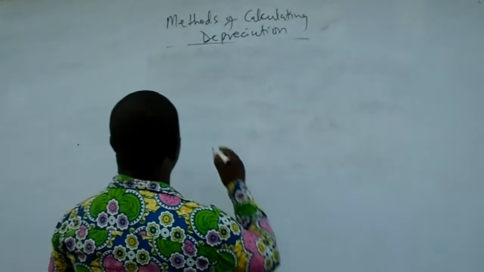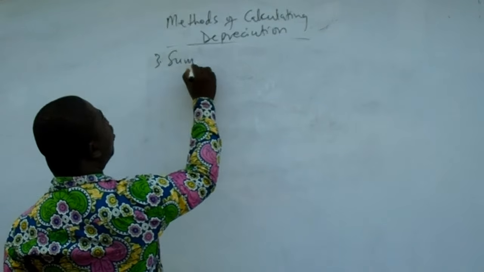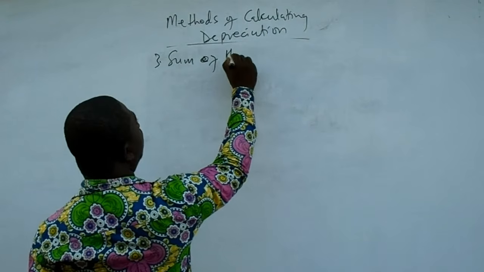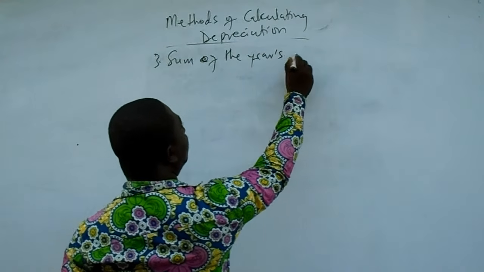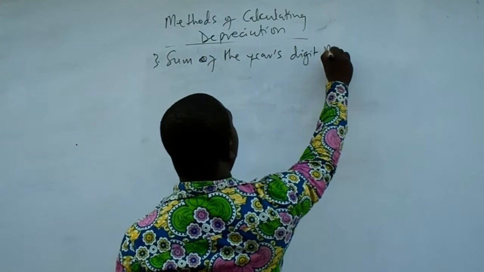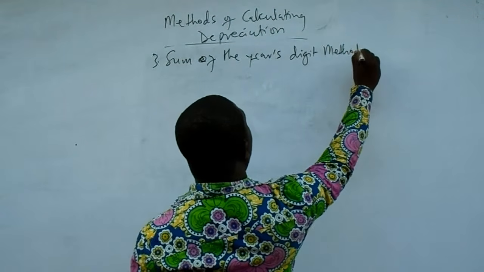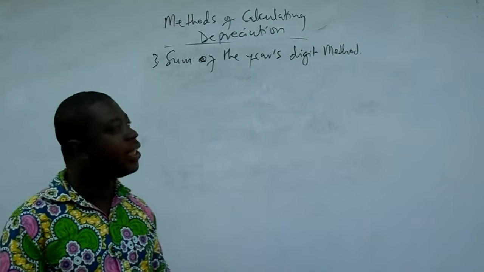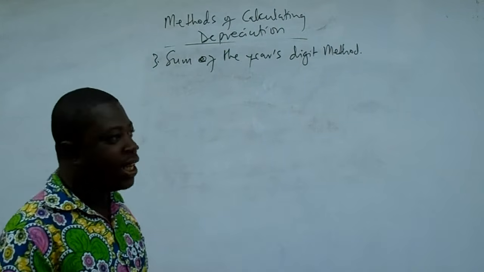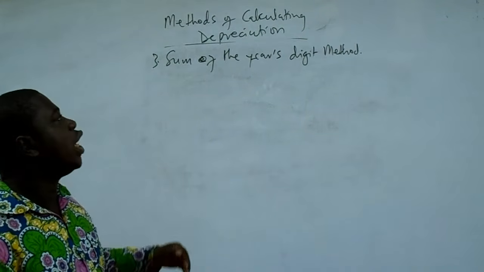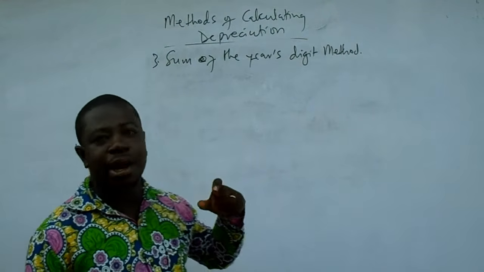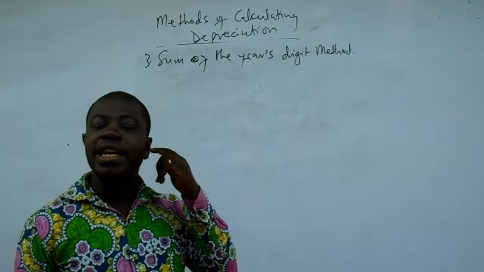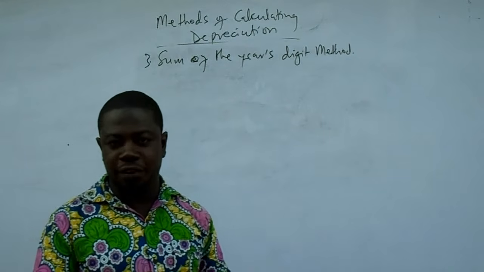Okay, so the next method that we are going to consider is the sum of the years digit method. This is a very interesting method. Now, with this method, what we do is that we represent each year by a digit, and usually it depends on the estimated useful life of the asset.